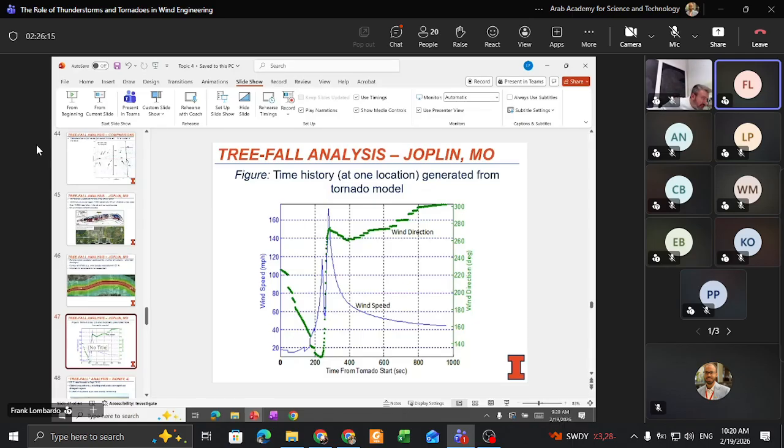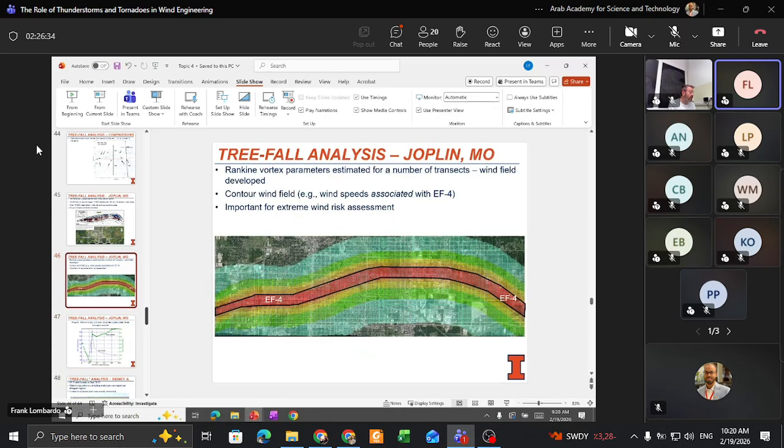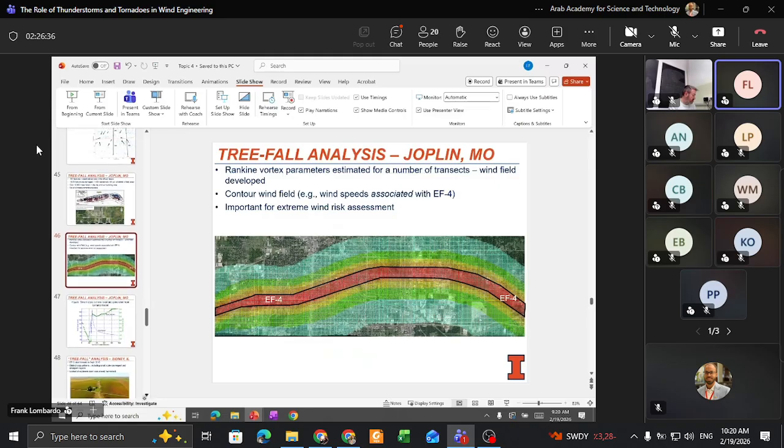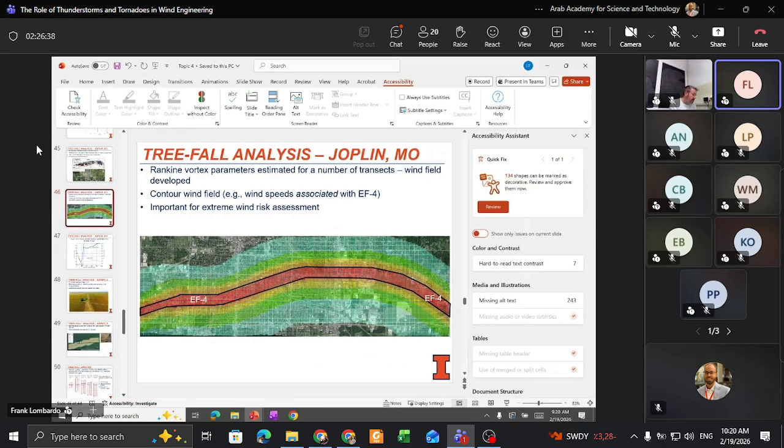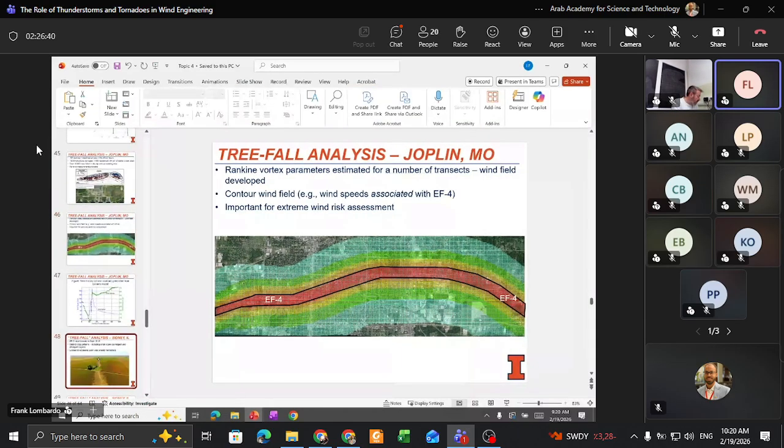I develop a wind direction time history and wind speed time history for that location. Then you can transfer that into loading damage, which we'll talk about next. So it gives you the opportunity to generate these things for individual locations in addition to more broadly across a particular location. And a couple other things on tree fall.